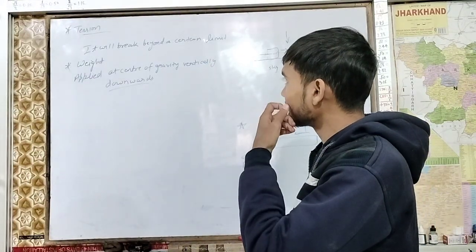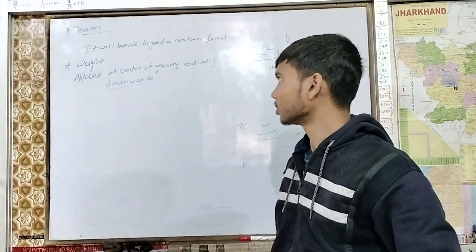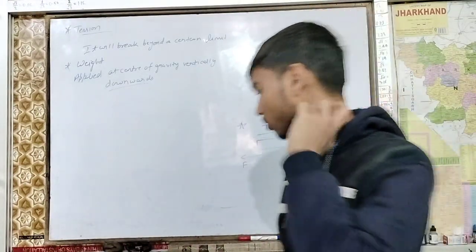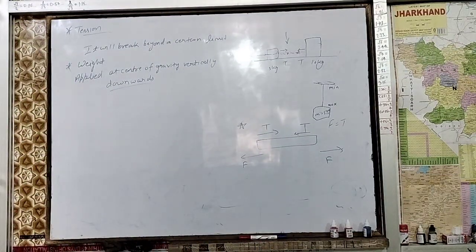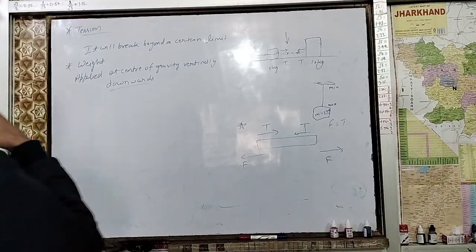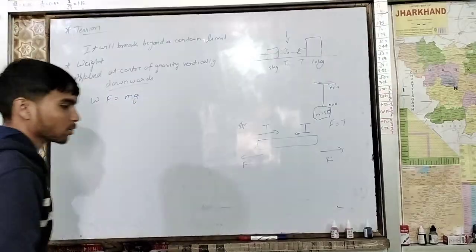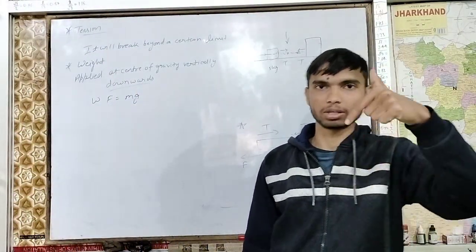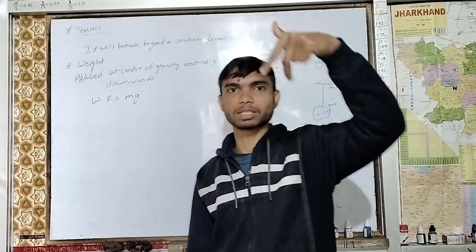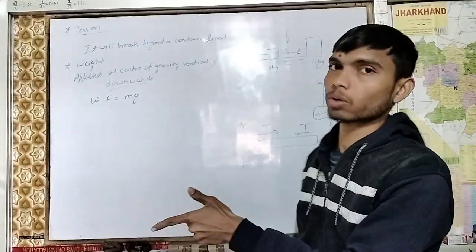So applied at the center of gravity vertically downwards, then we will get the weight force. So the weight force can be written as mg, because this is a downward force. That's why weight force is just a downward force. So weight force will be equal to mg.